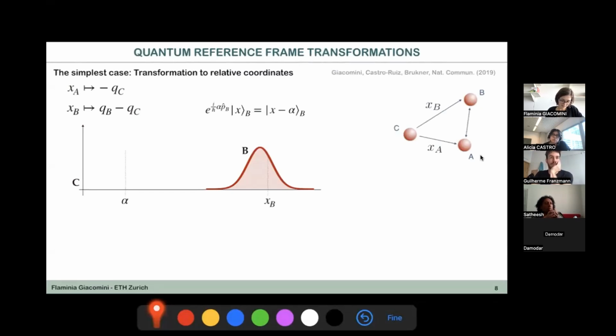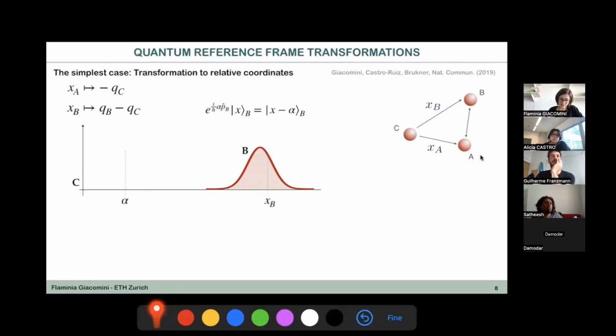And now let us translate the origin of this reference frame to some position alpha. In quantum theory, we know how to do it. This is just a translation operator that I had a few slides ago. So I just apply to system B this translation by alpha, and then everything will be given in terms of XB minus alpha. This is my new relational variable.